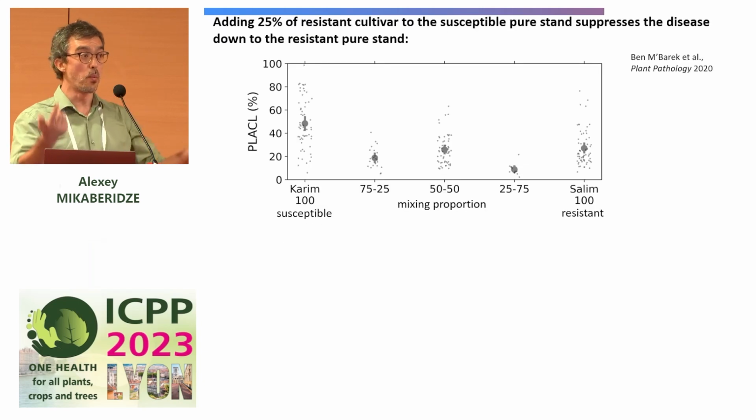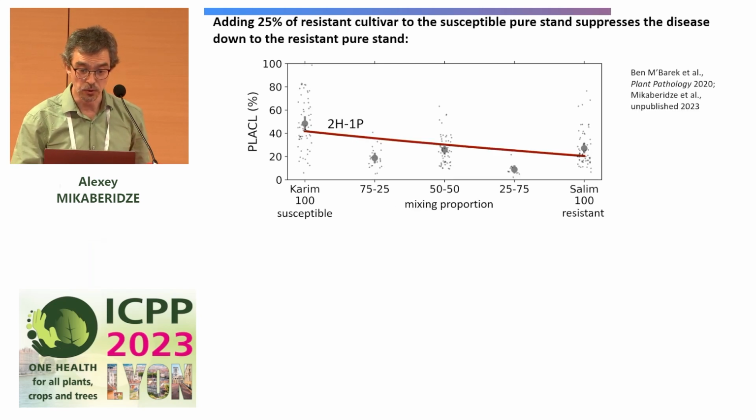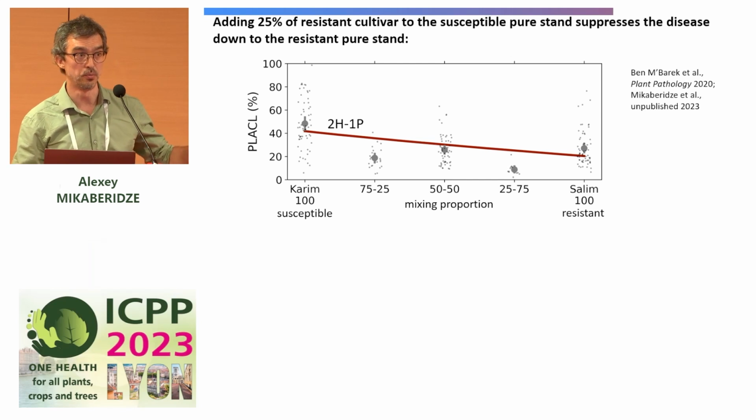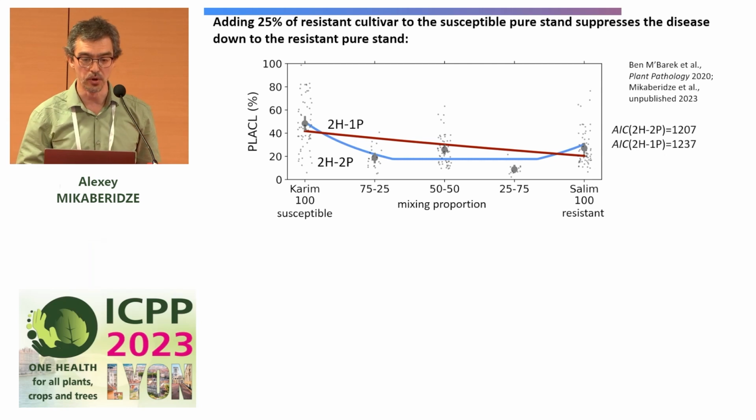And now we can go back to our experimental outcomes and try to understand them in light of this theory. We can actually try to fit the two different models to this data. Firstly, we try to fit this model with just a uniform pathogen population. And we see, okay, this linear decrease doesn't really explain the patterns we see in the data. Now we try to fit a somewhat more complex model that takes into account the possibility of cultivar specialization.